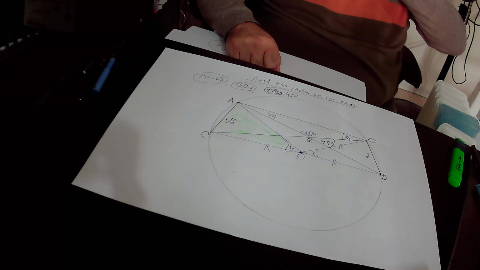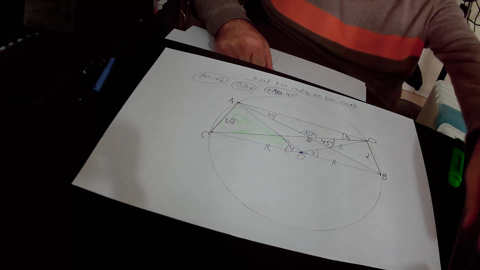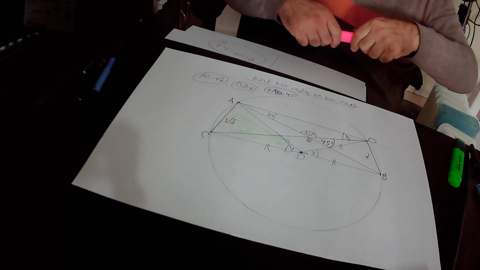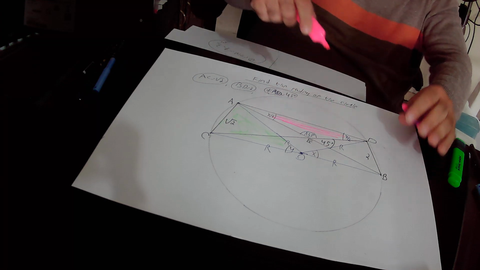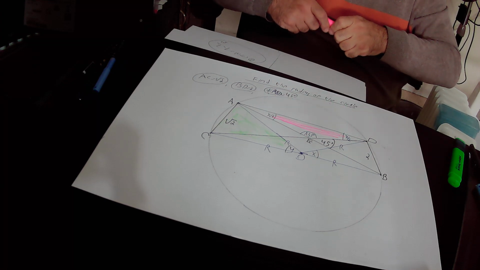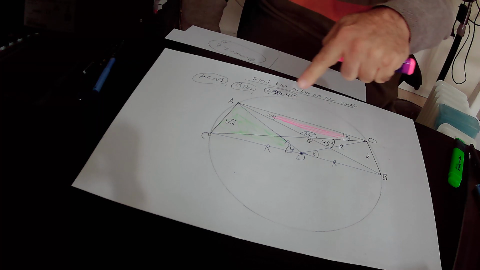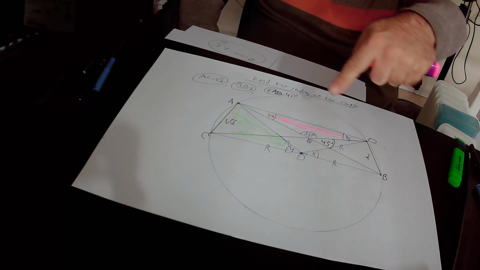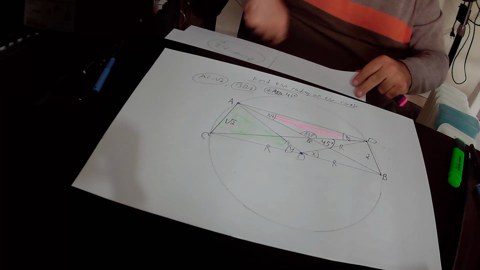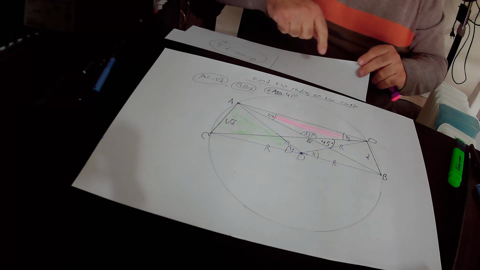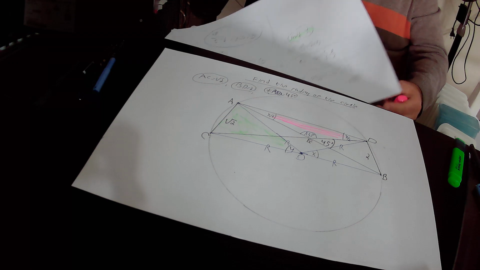Okay, so then we focused on the pink triangle AED. In the pink triangle AED, the sum of the angles in any triangle is 180 degrees. So which angles do we have? We have here angle x over 2 plus this angle y over 2 plus 135 degrees. In total, they must be equal to 180 degrees. Okay.